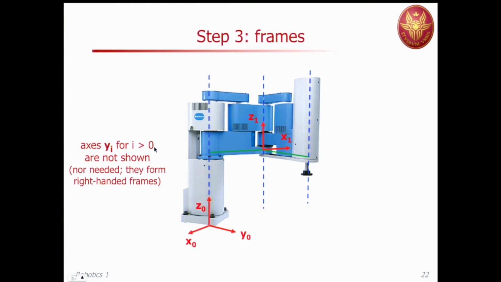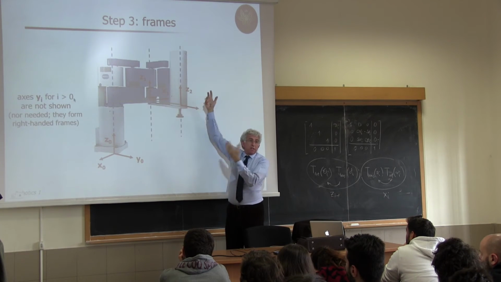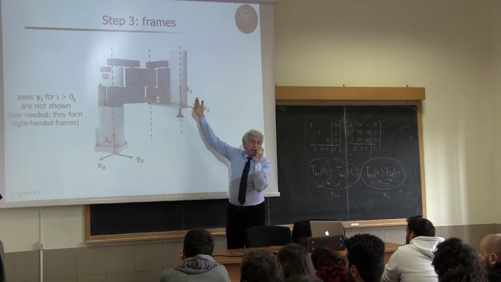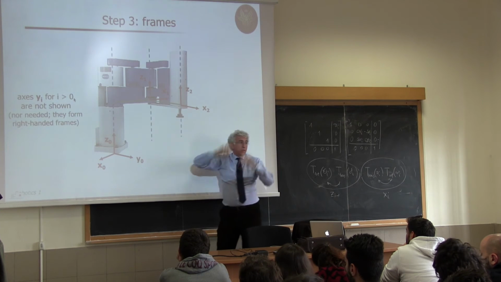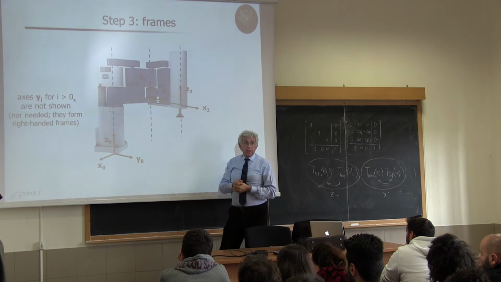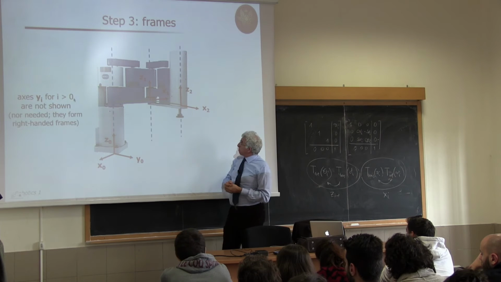So, this is frame 1. Same thing for frame 2. Again, z2 along joint axis 3. This is the prismatic axis, but also the last revolute axis. And I choose the same orientation, so direction, so that I will have another alpha 2 equal to 0.